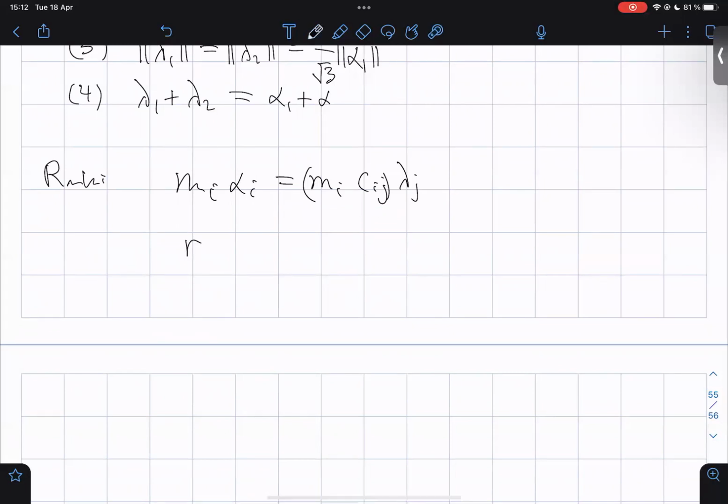I'll just write it out. So r_i lambda_i is r_i Cij alpha_j. So components in the alpha basis, you multiply by the Cartan matrix.